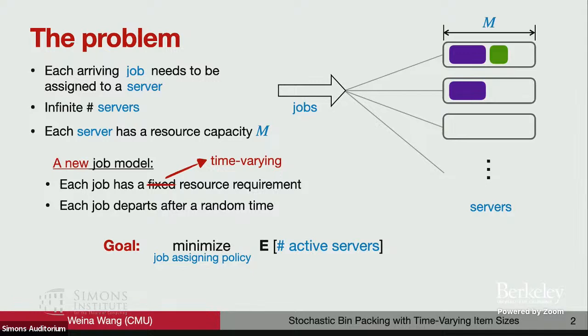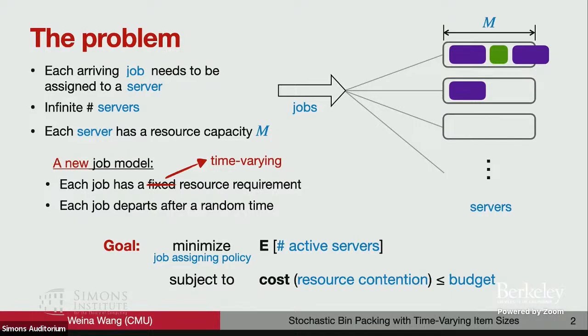But generally, a job here could expand over time, and once the job expands, the capacity could be violated. But we assume that we can tolerate the violation to some extent. We put a cost constraint on the resource contention, a budget constraint.